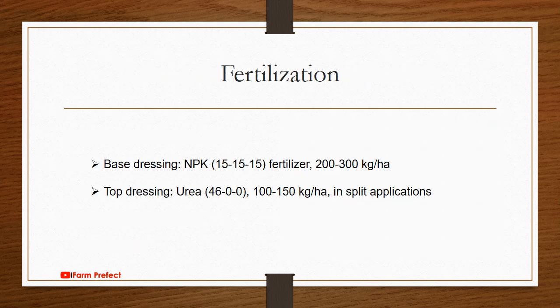Okay, so we come to fertilization. For base dressing, you use NPK 15-15-15 fertilizer. You do 200 to 300 kg per hectare. And for the top dressing, you can use urea 46-0-0.